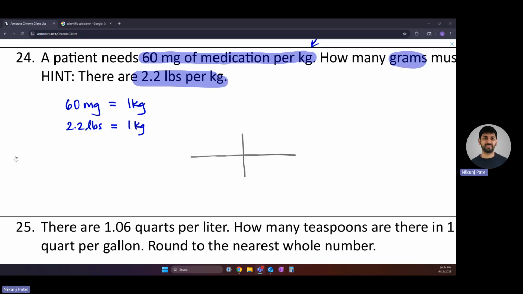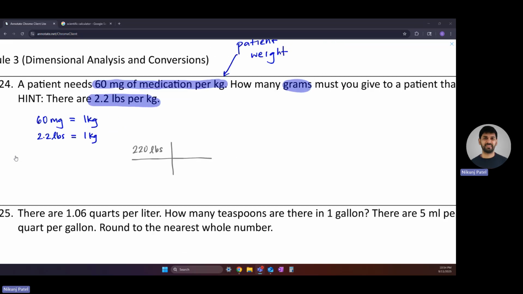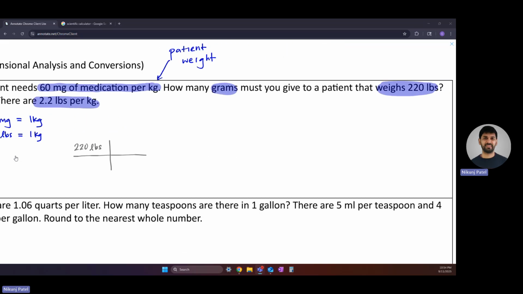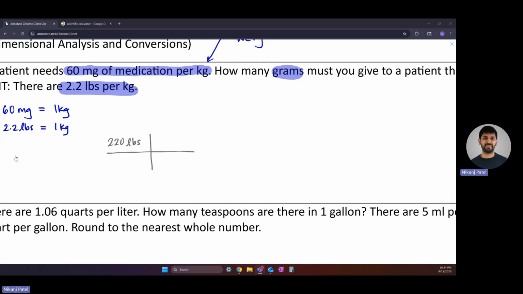You don't necessarily know all the things at the beginning, but we can try to build it along the way and see if we need to include more information or seek more information to build onto the table. So since we were told that the patient weighs 220 pounds, that's where we will start because the patient's medication amount depends on their weight, right? So we start with the 220 pounds.